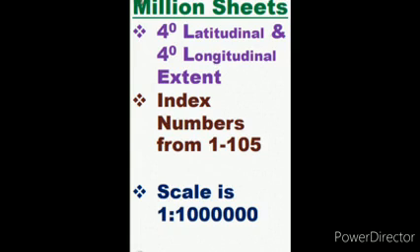Now let's discuss the features of million sheets. Million sheets cover 4° latitudinal and longitudinal extent, and it gives the number from 1 to 105 related with India and its neighboring countries. And this million sheet number is generally known as index numbers.